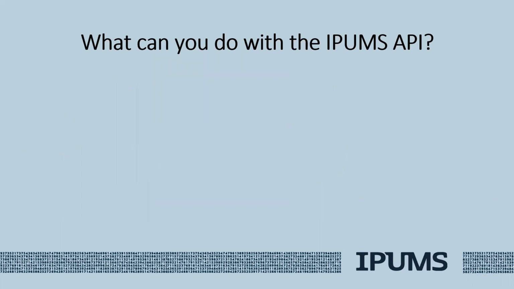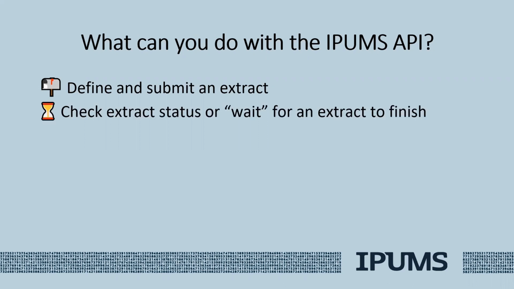Okay, so a little bit more specifically about the IPUMS API. The IPUMS API is still in development, so I think it's worth just being explicit about what exactly its capabilities are. So with the API, you can define and submit an extract. You can check the status of your extract, or you can use some IPUMS Python or R code to wait for your extract to finish.